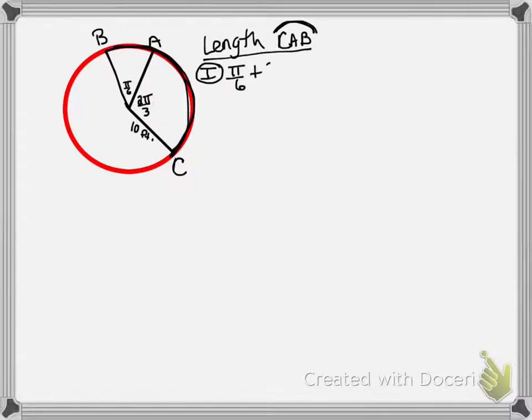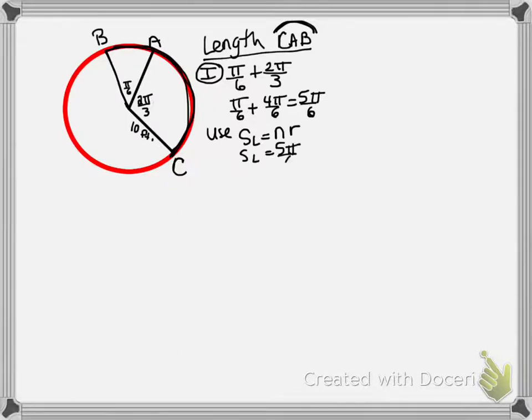Pi over 6 plus 2 pi over 3. Of course, they need a common denominator, so I can write this as pi over 6 plus 4 pi over 6, which is the same as 5 pi over 6. If I use the sector length formula, the angle times the radius, then my sector length is 5 pi over 6 times 10, because I'm using radians.